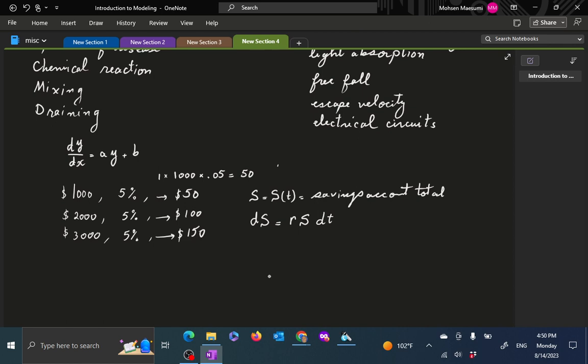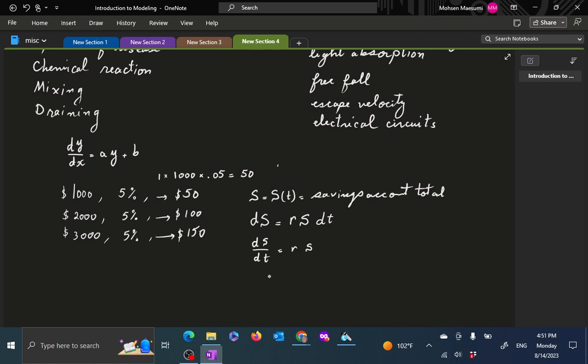So that's the issue of continuous compounding, as opposed to waiting an entire month or an entire year to collect your interest. You continually collect your interest. At any rate, ds is r s dt. Another way of writing it is that ds over dt is r times s.